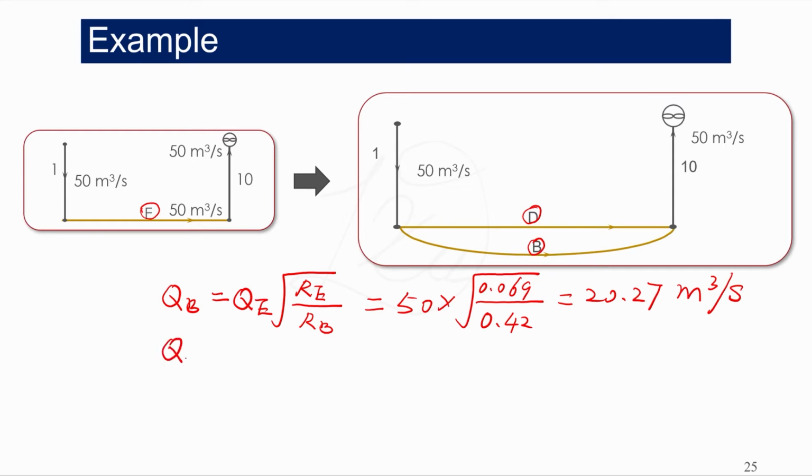QD can be calculated in the same way. It equals QE times the square root of RE divided by RD, and if we plug in the numbers, we get 29.73 cubic meters per second. Or you can use Kirchhoff's first law.